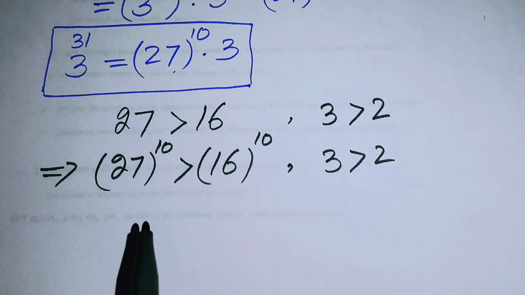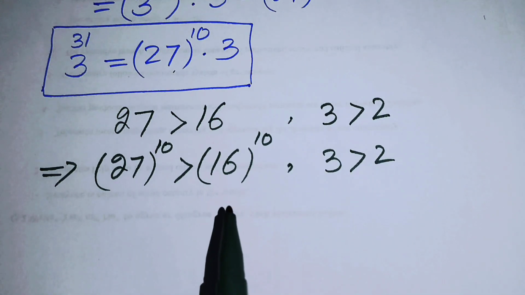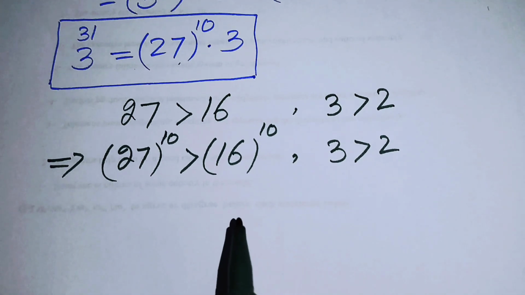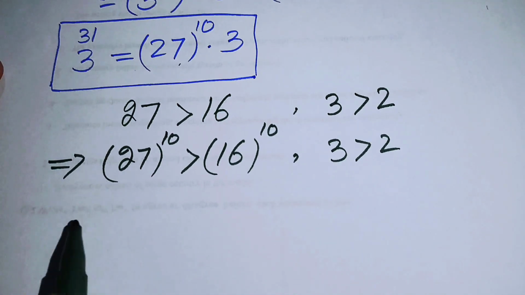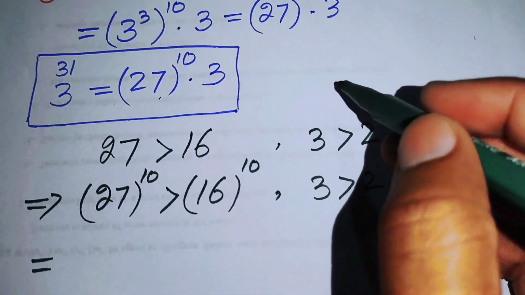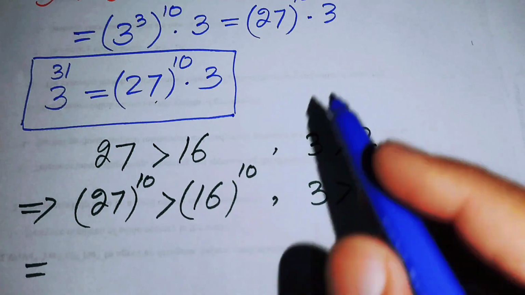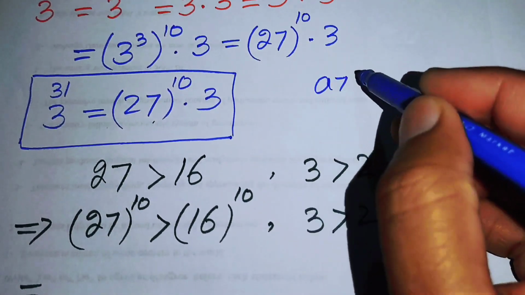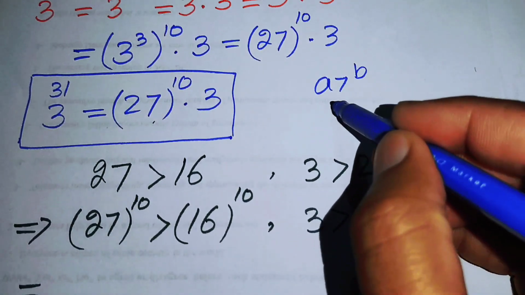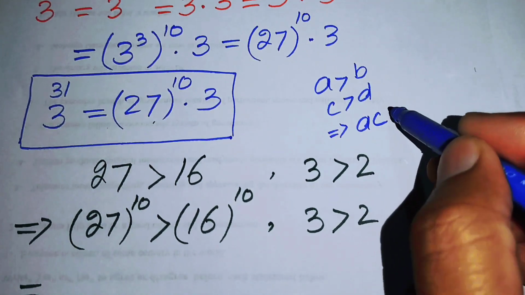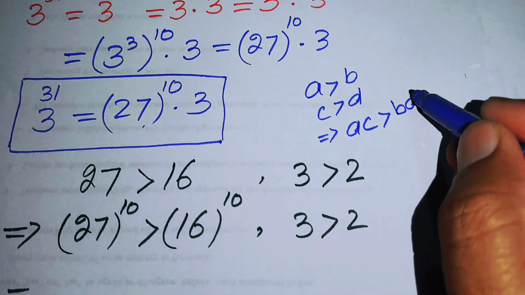So now you can multiply these two inequalities, and according to the law of inequalities, if you have a is greater than b and c is greater than d, this implies that ac is greater than bd.